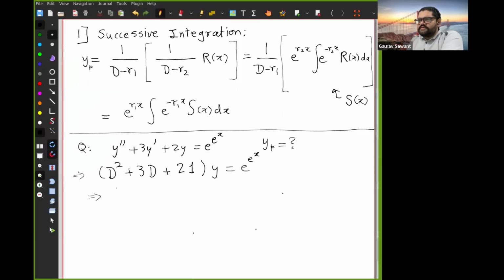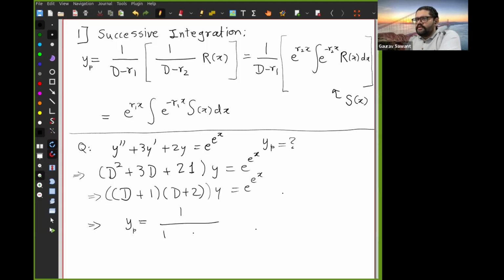So this is just d plus 1, d plus 2, this whole thing acting on y equal to e power x, and therefore the particular y is going to be equal to 1 over d plus 1, d plus 2 acting on e power x.